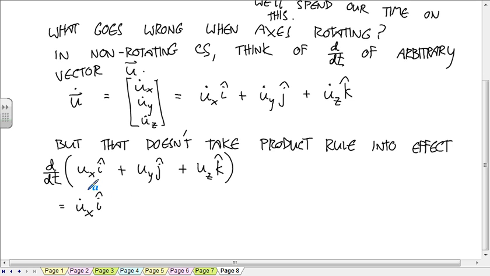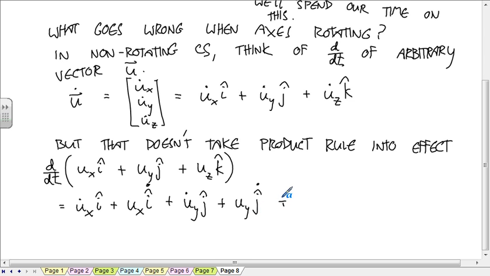But now, using the product rule, you have ux times i dot. And now move on to the time derivative of this term, and you get uy dot j. That makes sense with this, but then the product rule says we also have uy times j dot.